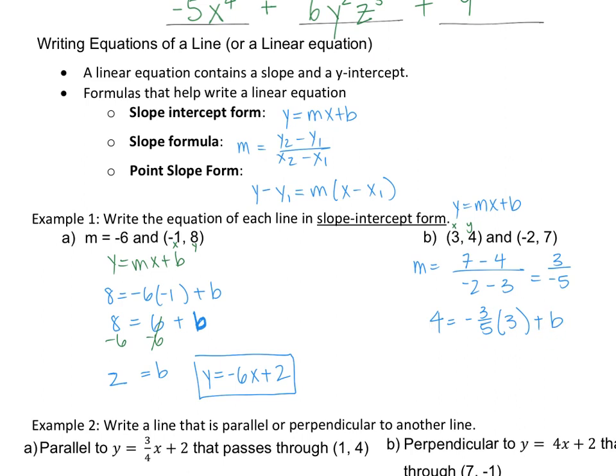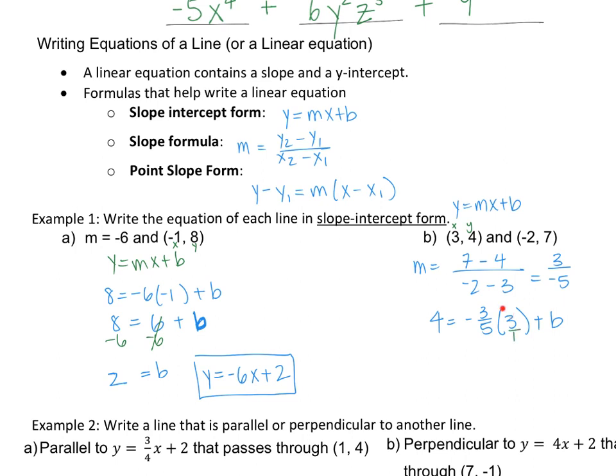And this one I want to show you guys because it does have fractions and it might get a little icky. So in this case, what I recommend when you're multiplying fractions is to make sure that both numbers are a fraction when you multiply. So in this situation, you might want to write 3 over 1.